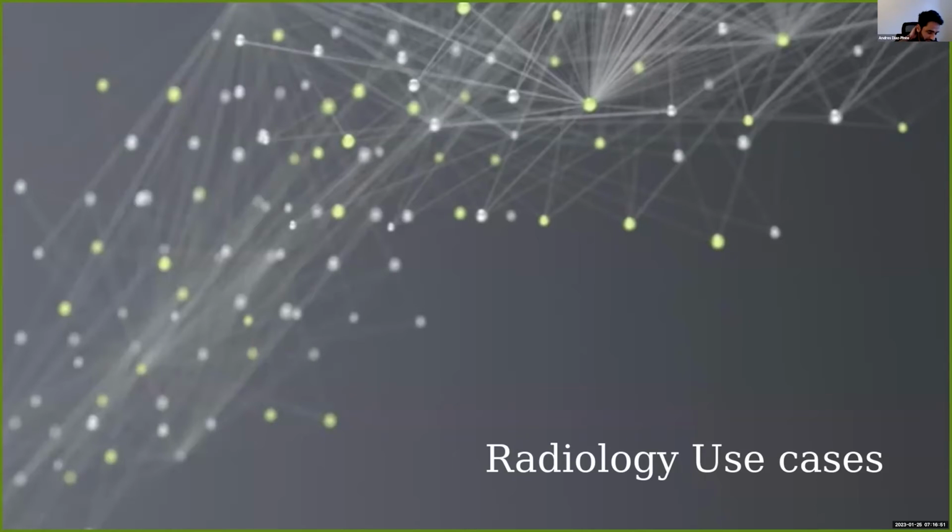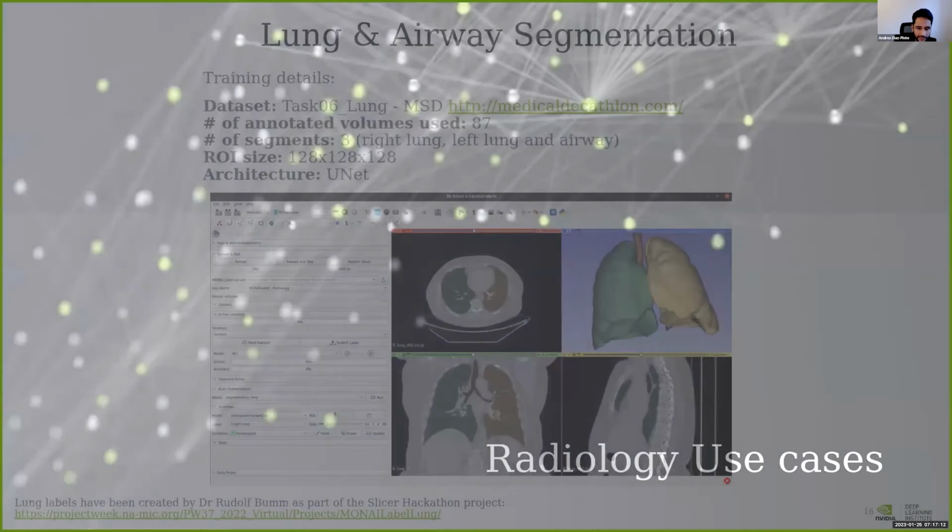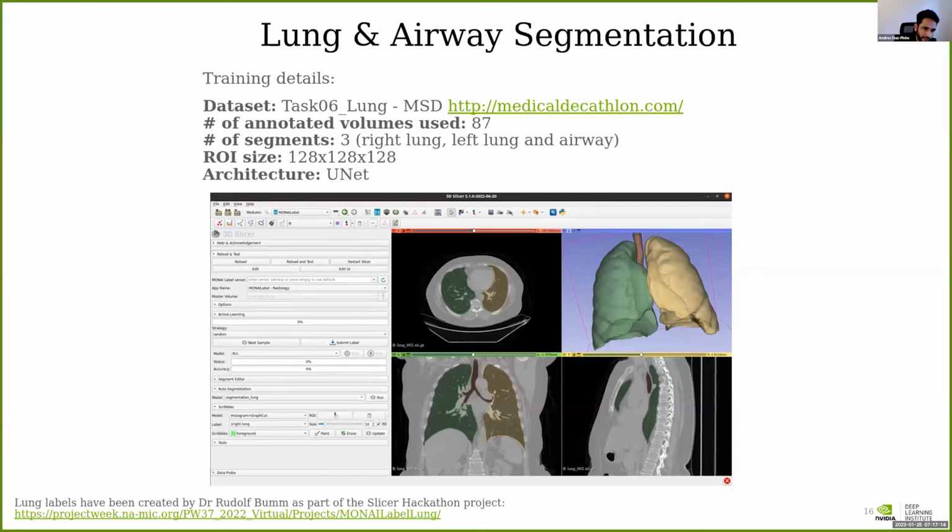So thank you. Now we are going to discuss different radiology use cases that are already implemented in MONAI Label and the different details with regard to the dataset that we use, the number of annotated volumes, number of segments, and architecture. So let's start with the lungs and airways segmentation that Dr. Rudolf mentioned earlier today.